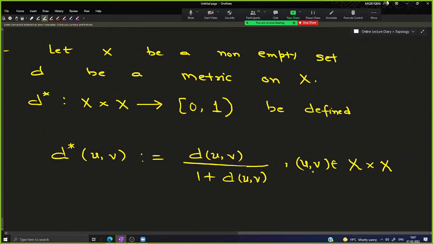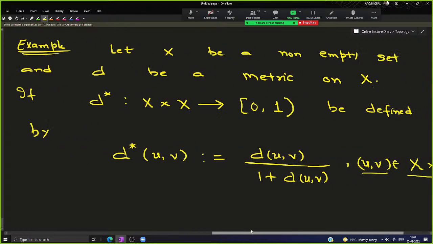अब देखिए यहाँ पर मैं क्या कर रहा हूँ. I am taking an element u comma v from X cross X. Now d is a metric on X, so therefore d is a mapping from X cross X to [0, infinity), right? वो हमारी assumption है ना यहाँ पर.